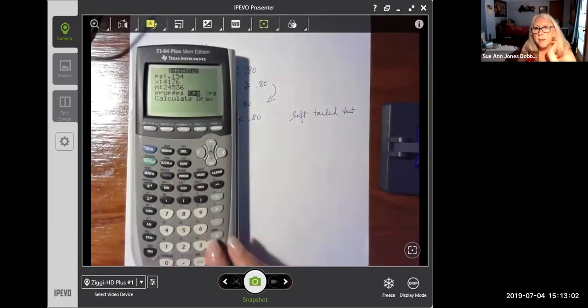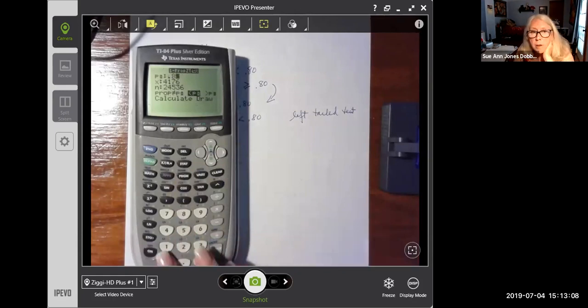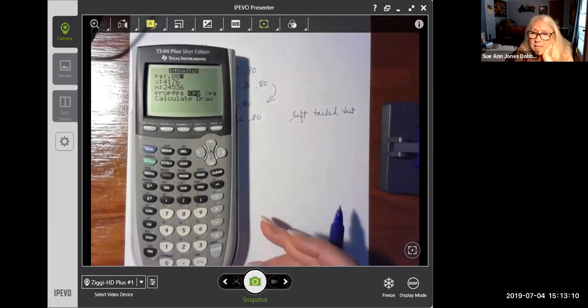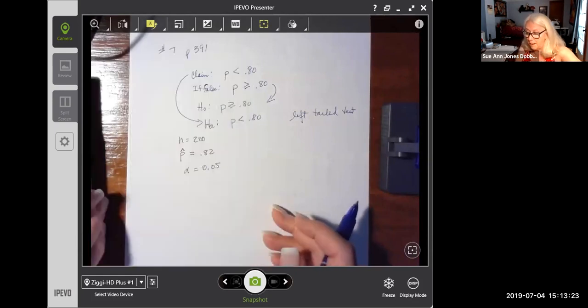All right, notice that I can put in the proportion in the claim because it's 0.80. But the next thing it asked me for is X, which is how many in the survey gave a specific response that I'm interested in. And I don't really have that number. I have P hat.